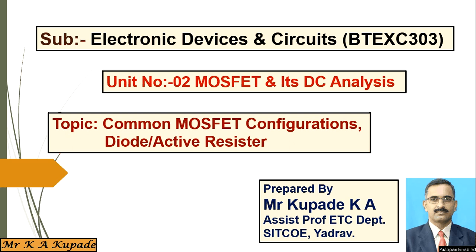That means the channel resistance is high, and due to that high channel resistance, no current flows through the drain terminal, so the MOSFET acts as an open switch. There is no current flowing from the drain to source terminal.